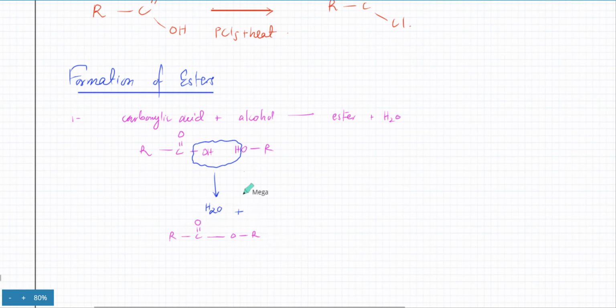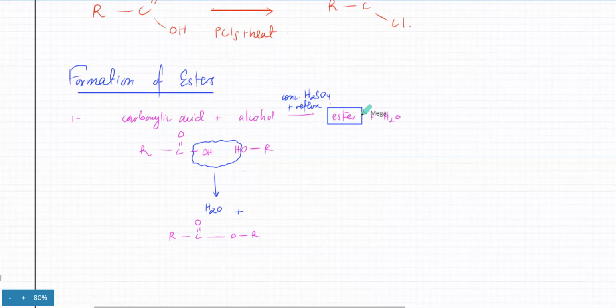The conditions that you use for this reaction are concentrated H2SO4 and reflux. So that was how esters were formed in this reaction.